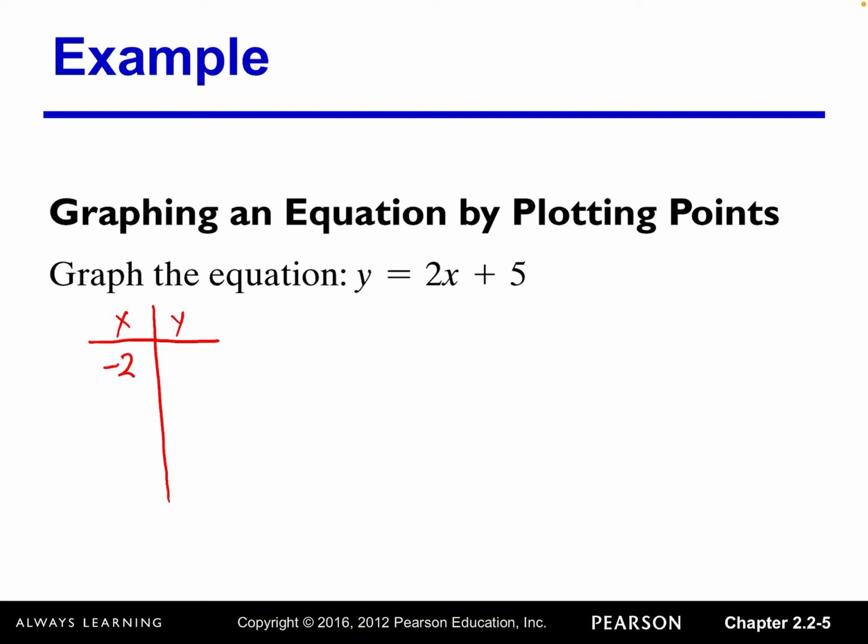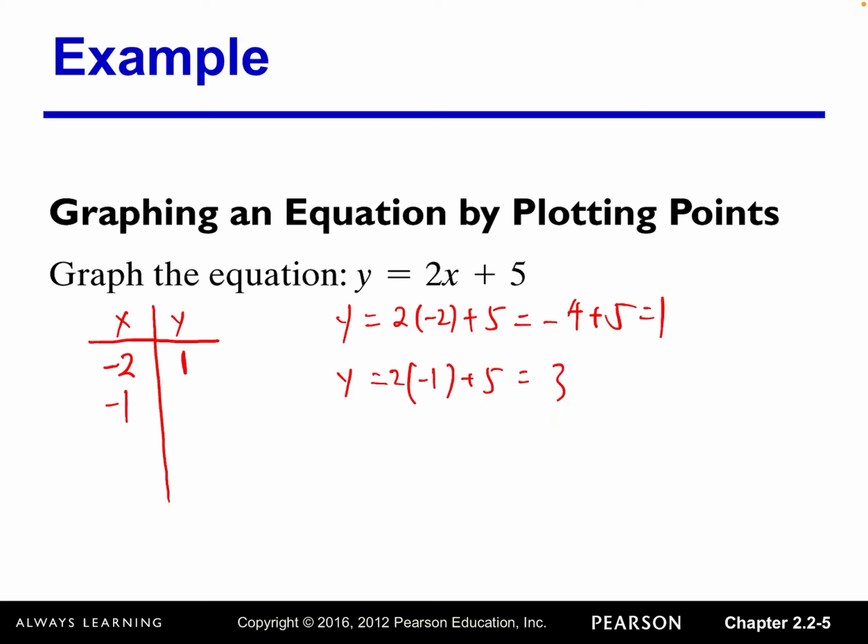So for example, let x be -2, and then we plug in x equals -2: 2 times -2 plus 5, so y equals -4 plus 5, which equals 1, right? So now we put a 1 for the y, and then we select x equals -1: 2 times -1 plus 5 gives us positive 3, so we have 2 points so far.